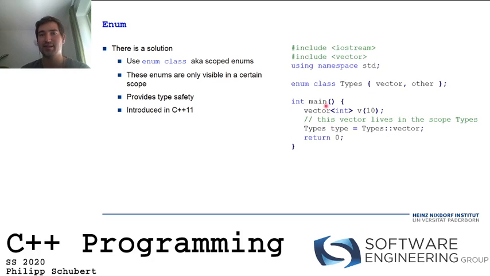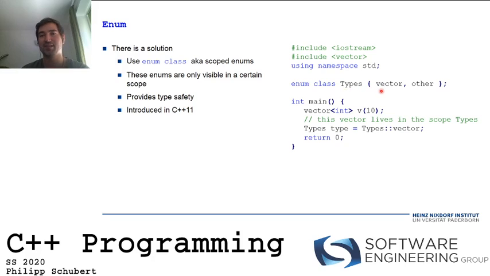And here is an example. So instead of the plain old C enum type, in C++11 and above you use enum class. So you can define an enum by using enum class. Then you give the enum a name, the type a name, types in this case.